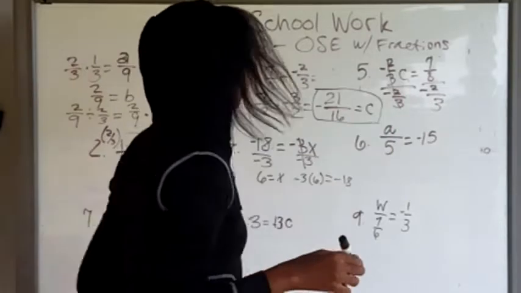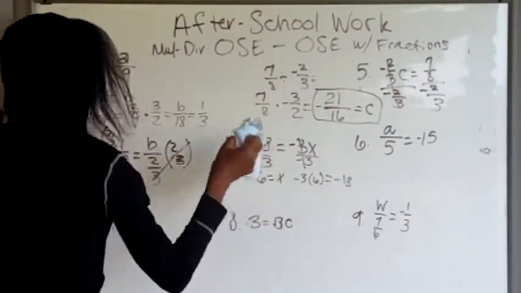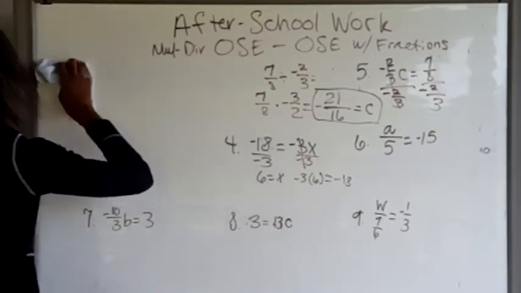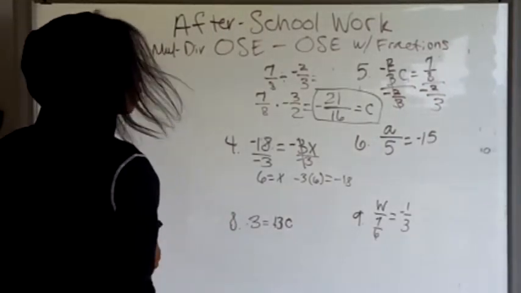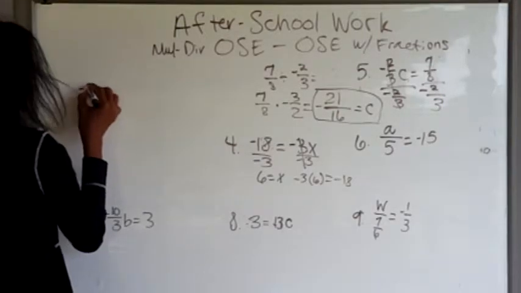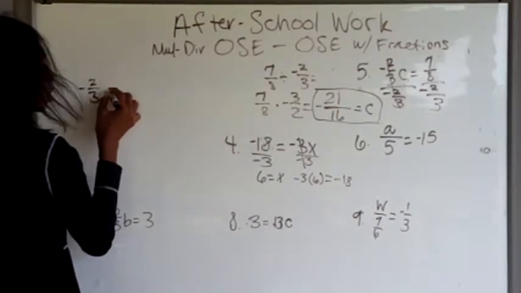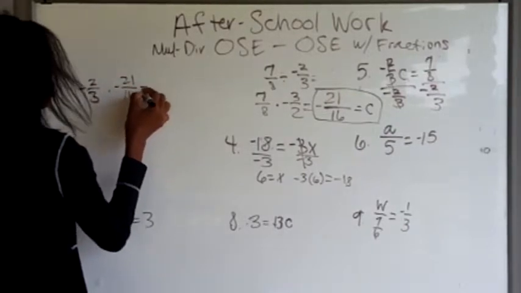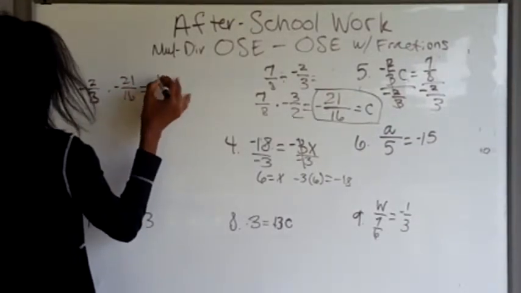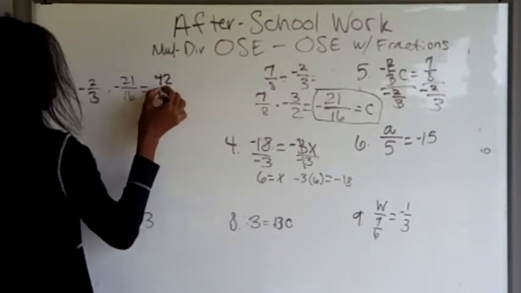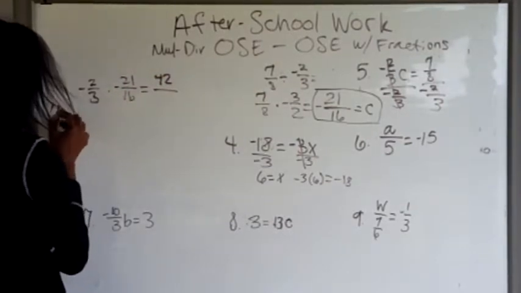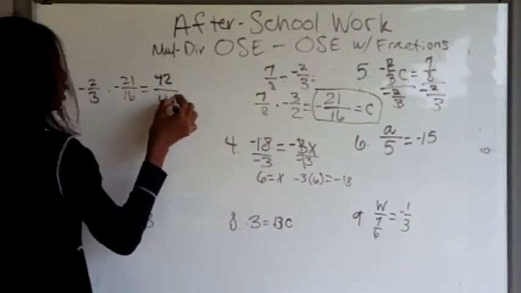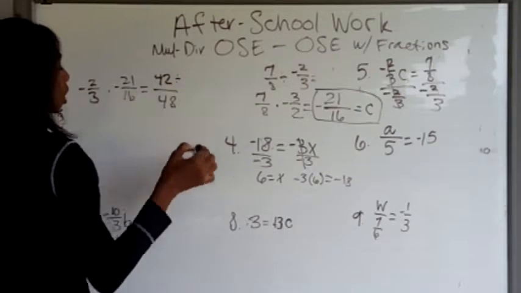So we plug that in. We get negative 2/3 times negative 21 over 16, which is gonna be positive 42 over 48.